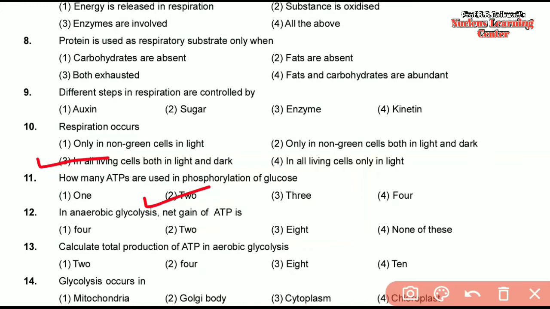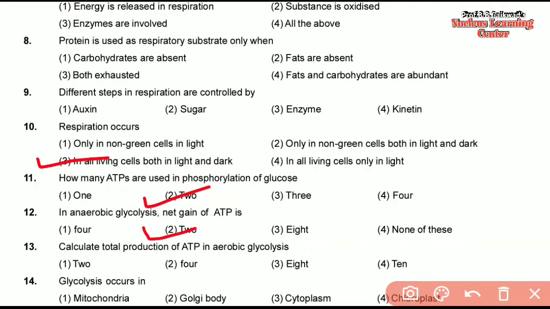In anaerobic glycolysis, the net gain of ATP is 2 ATP molecules.